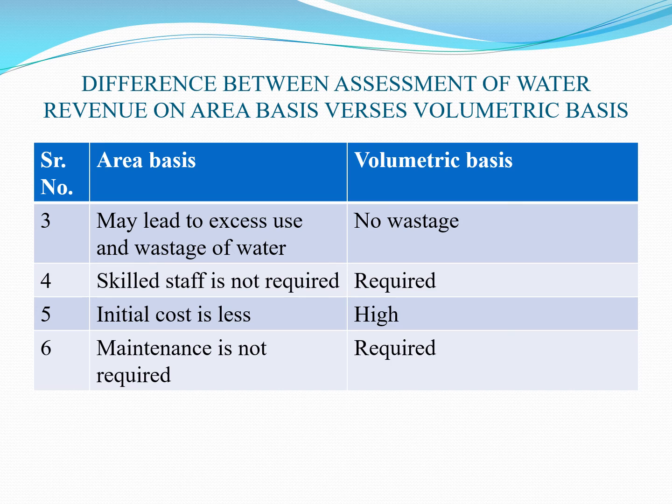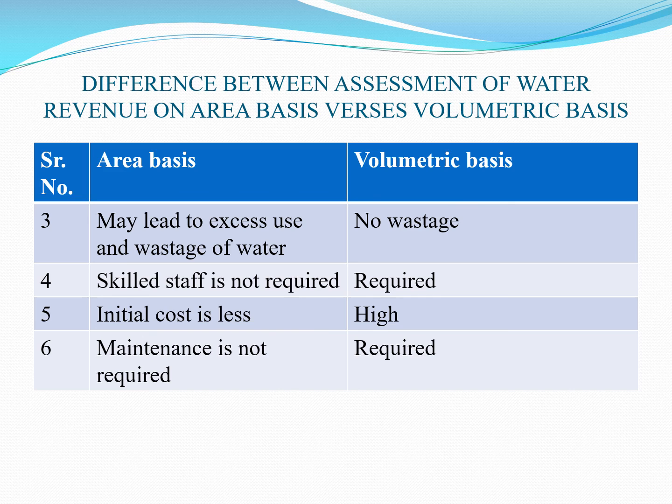Fourth, skilled staff is not required in area basis because the charges are laid on area directly, but in volumetric basis qualified skilled staff is required. Next, initial cost is less in area basis as compared to volumetric basis.